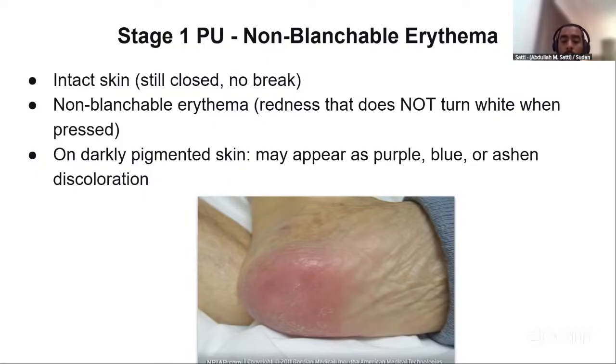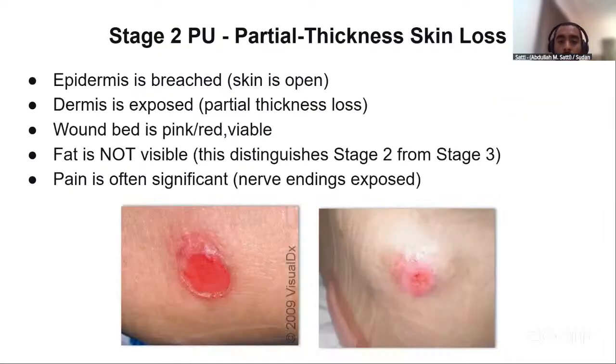So this should tell you that there is heavier pressure put on the capillaries of this patient, and you need to act immediately. And in darkly pigmented people, this redness would not appear as redness; either it would be purple or blue discoloration. So you need to also keep your mind on that.